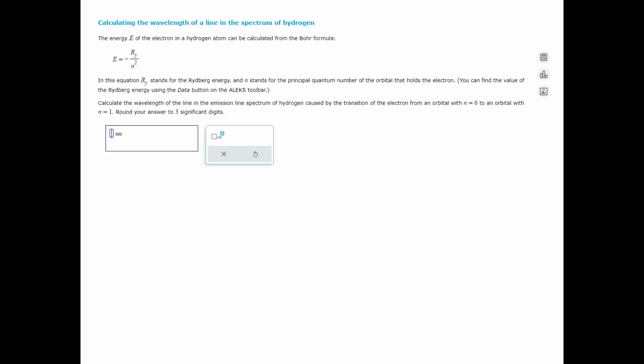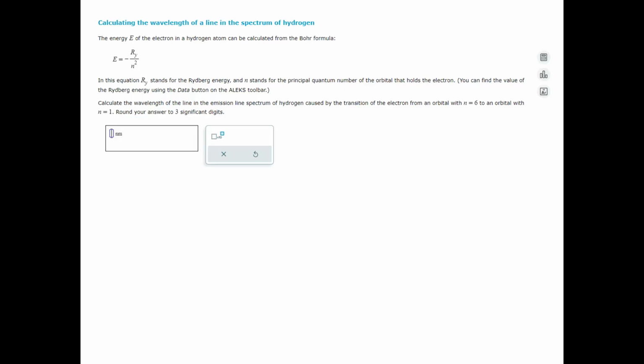Okay, so let's have a look at this problem here. It's a bit of a story problem. It says, calculate the wavelength of a line in the spectrum of hydrogen. The energy E of the electron in a hydrogen atom can be calculated from the Bohr formula, and it gives it in a slightly different format, but it should be recognizable.